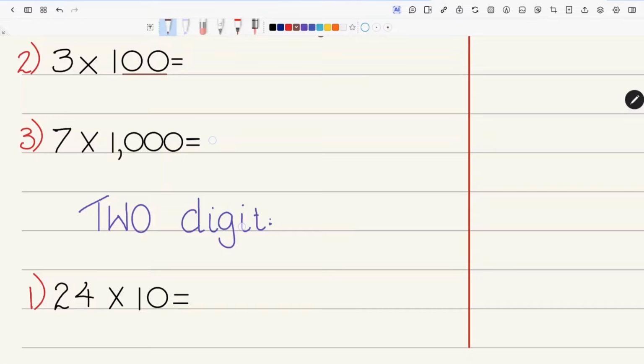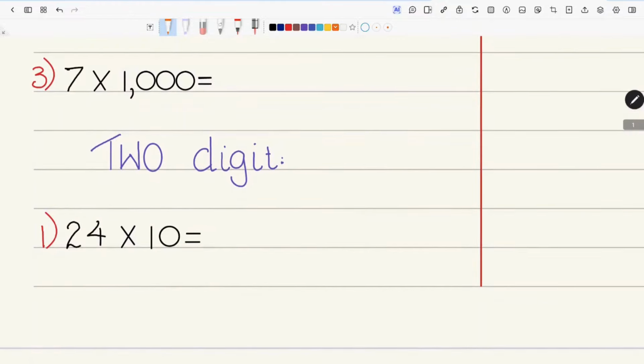So in this question, 3 times 100, you multiply 3 by 1, which gets you 3, and then all you have to do is add 0 and 0 to give you 300. You're adding 2 zeros.